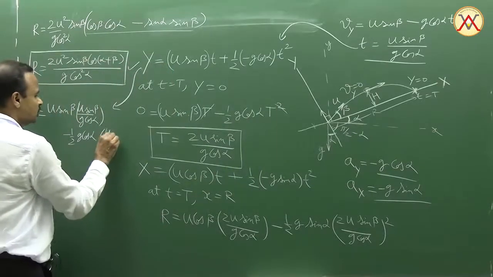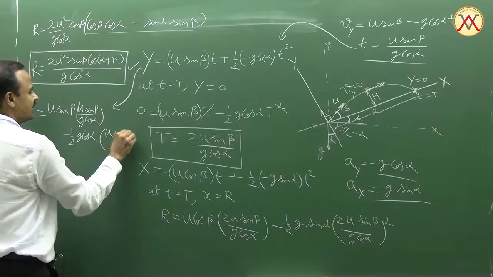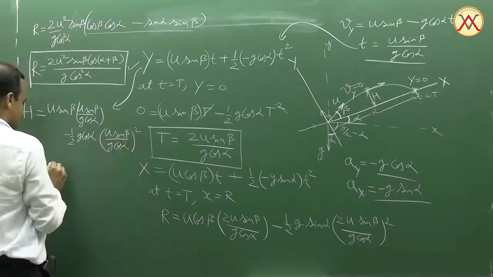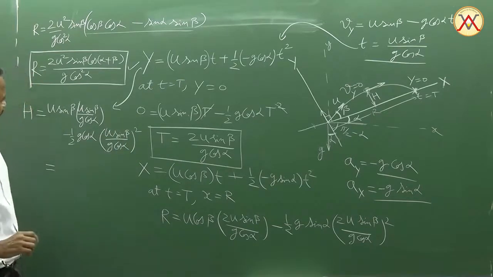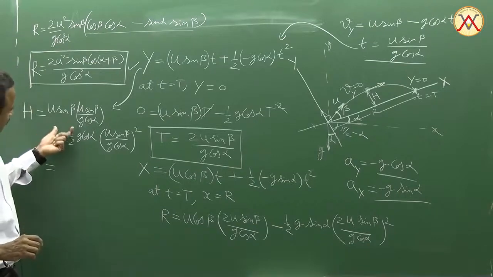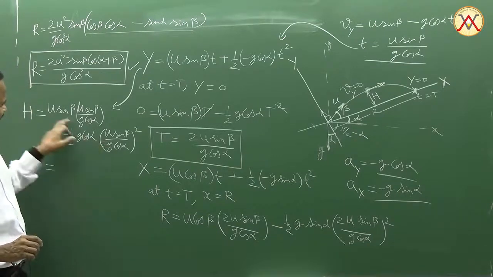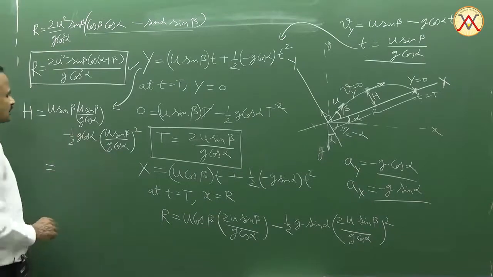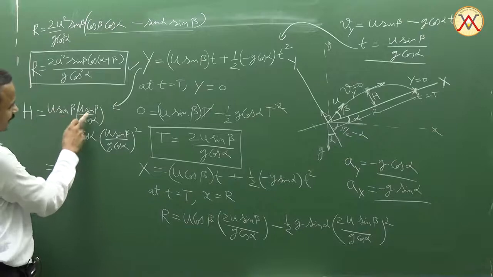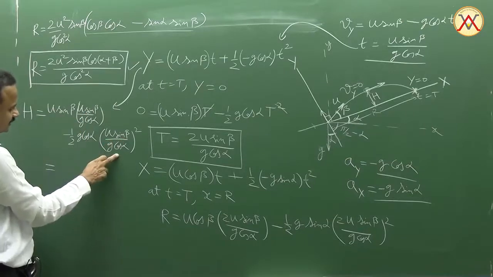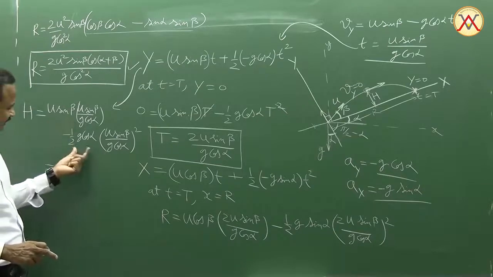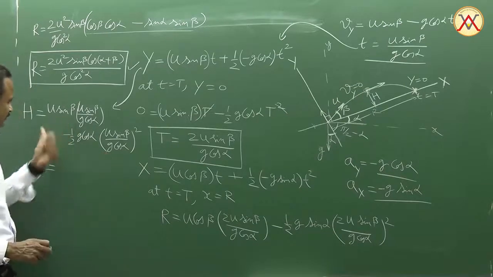So it is u sine beta by g cos alpha squared, and I can write this as u square by g, and u square by g is coming here also, and sine square beta here and cos alpha in the denominator. So this is basically 1, and this second term is just half of the first one.